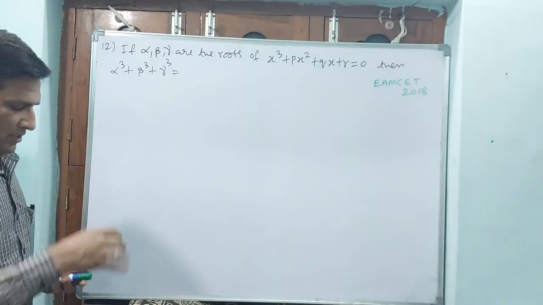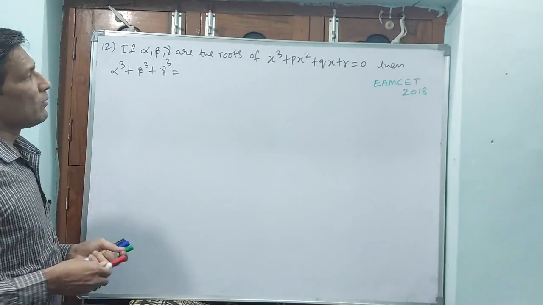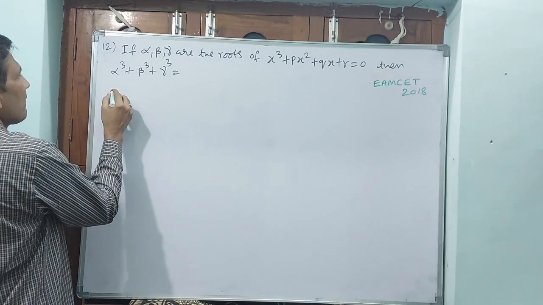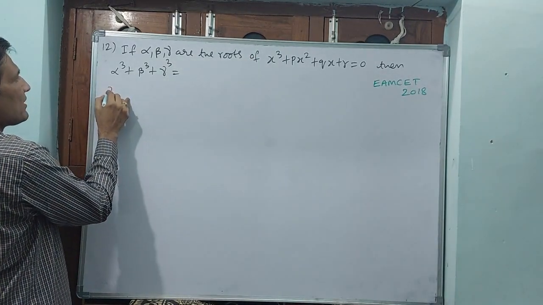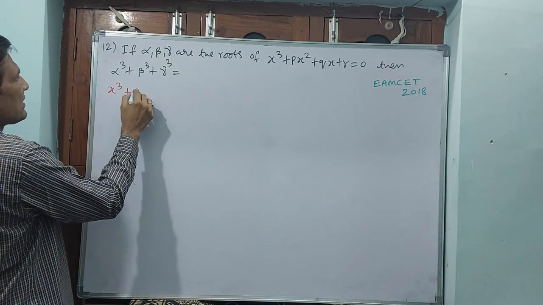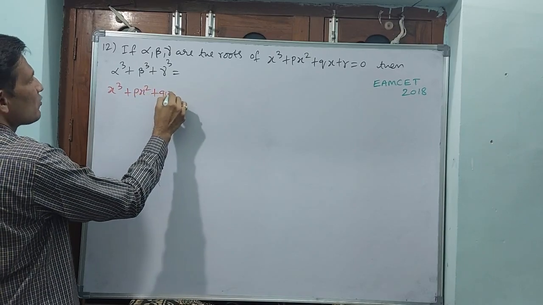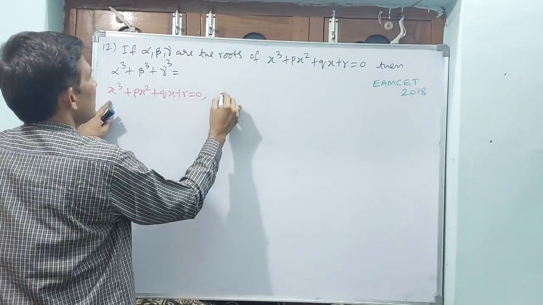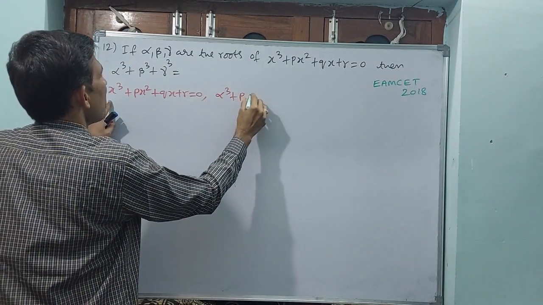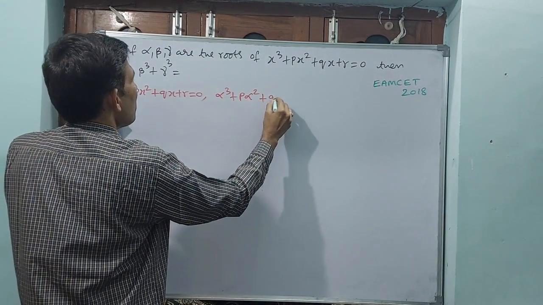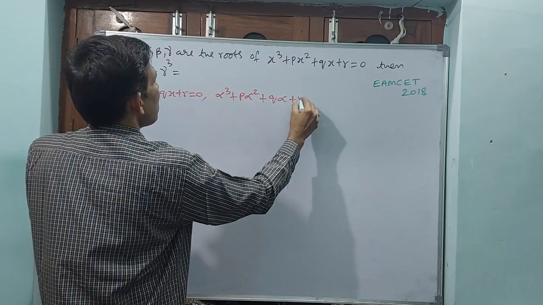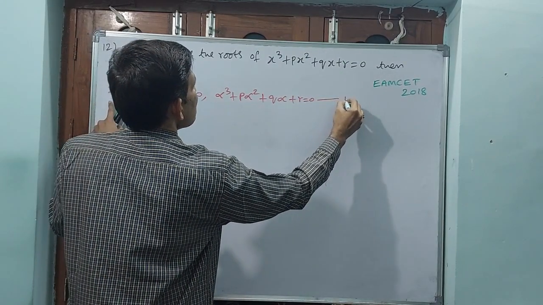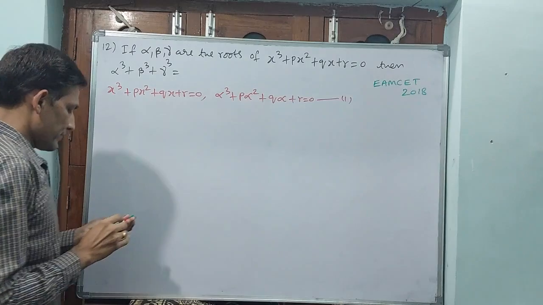See what I am doing. Observe carefully. Every time I write x cube plus px square plus qx plus r equal to 0, or else alpha cube plus p alpha square plus q alpha plus r equal to 0. You take this as equation number 1.